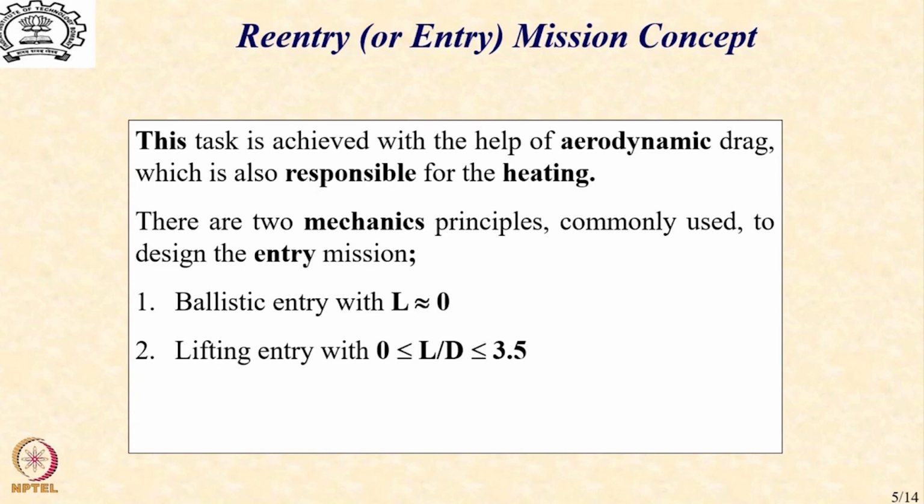So you design a vehicle which looks like an aircraft, which is what the space shuttle looks like, and then appropriately design the external geometry such that the lift to drag ratio is in the range of 0 to 3.5, and with that it is possible for us to manage the drag by generating an appropriate amount of lift.